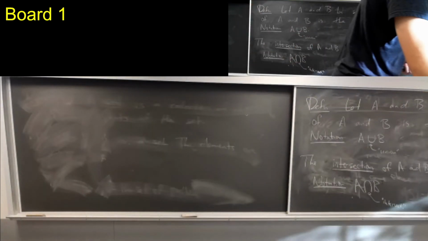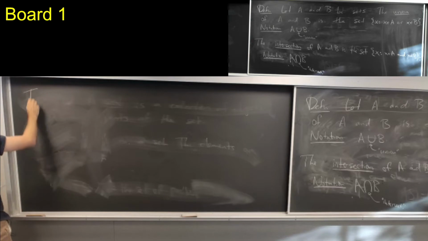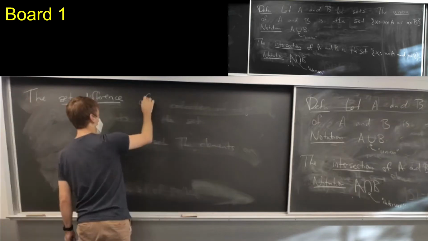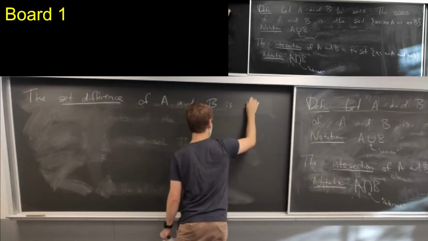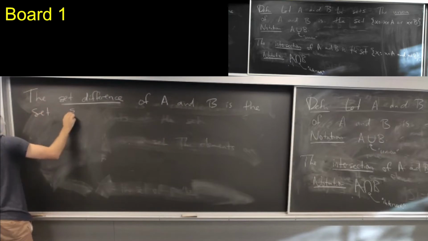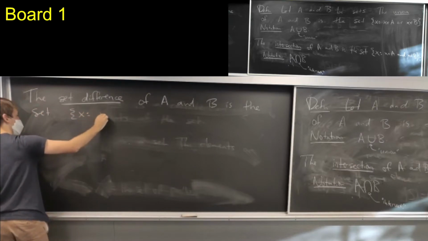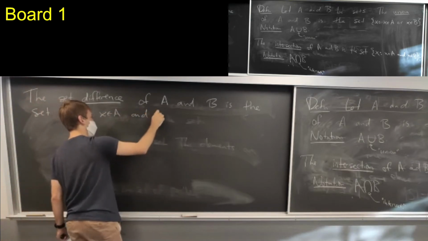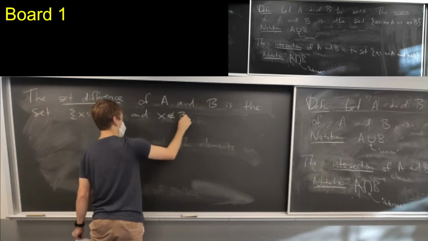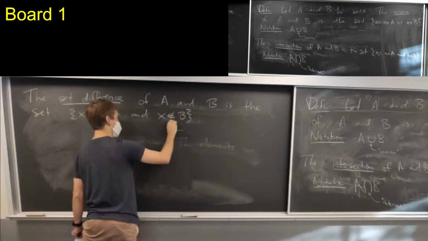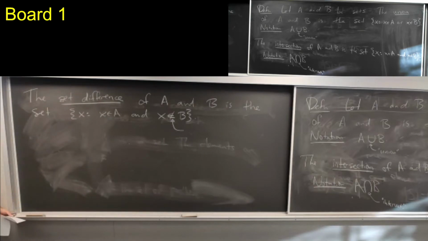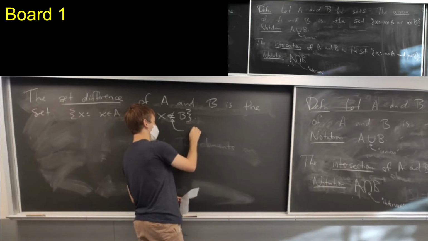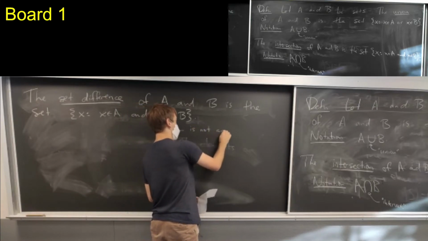Okay, so let's just continue with definitions. The set difference of A and B is the set of x such that x is in A and x is not in B. I'm not sure if I formally introduced this notation of crossing something out, but you should think of it as meaning is not an element of.